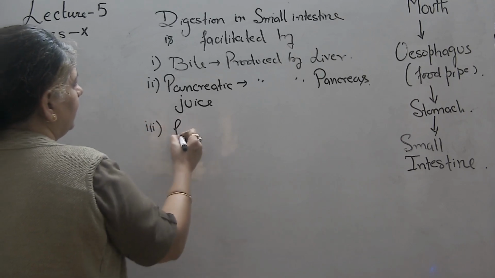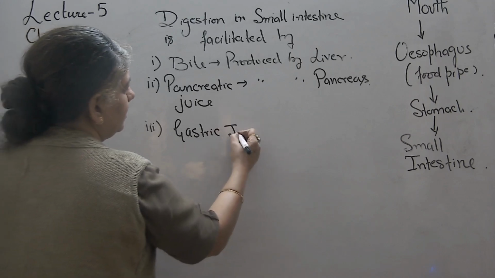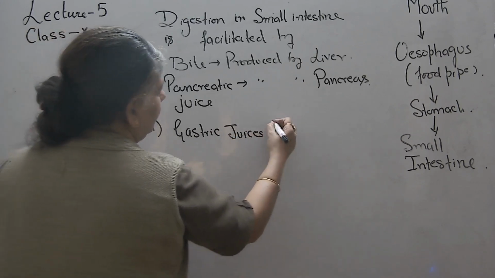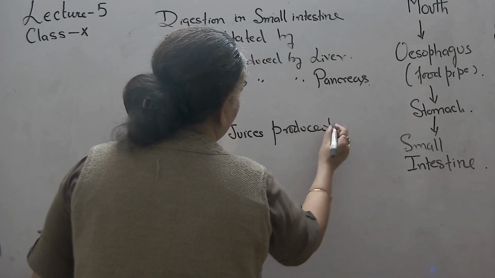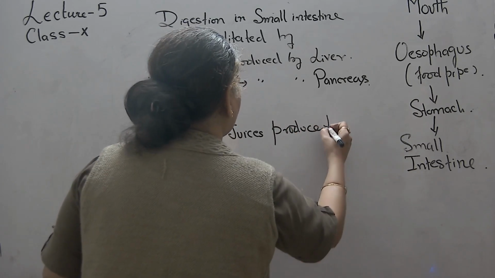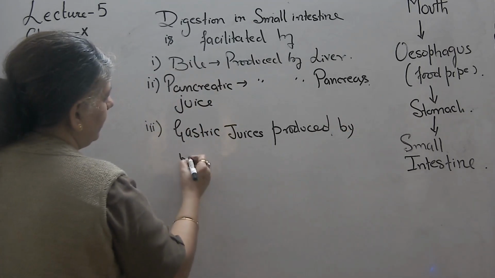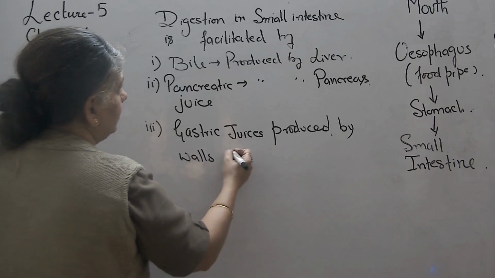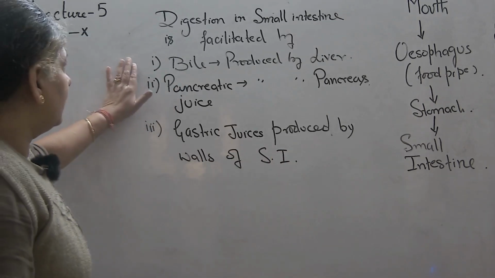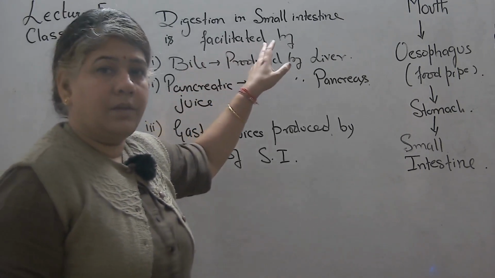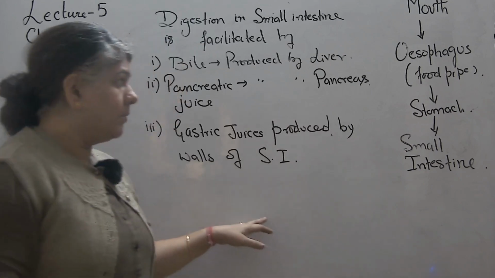And third, intestinal juices, produced by walls of small intestine. So these three facilitate the digestion of food that will enter the small intestine.